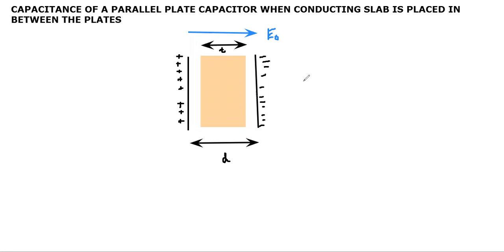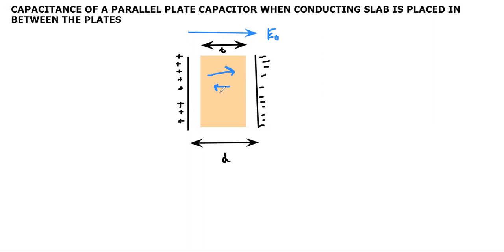There is a similar topic to it, that is of dielectric slab, that I would be covering in the next video. Now, if you remember the properties of a conductor, there is no electric field inside the conductor. So there will be no electric field inside the conductor.